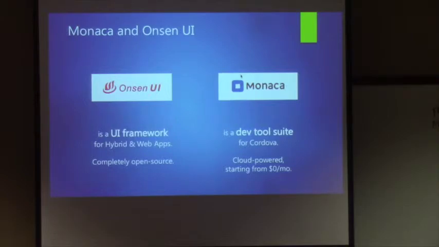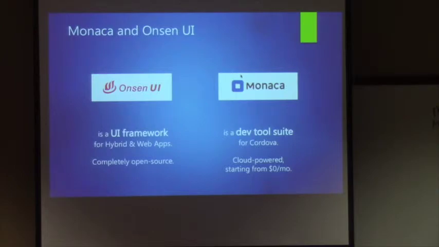It's the same with Onsen UI. We realized that we need a super efficient UI library to make hybrid applications effective, because at that moment we used jQuery Mobile or other frameworks, but none of them were performant and clients didn't want to use them.